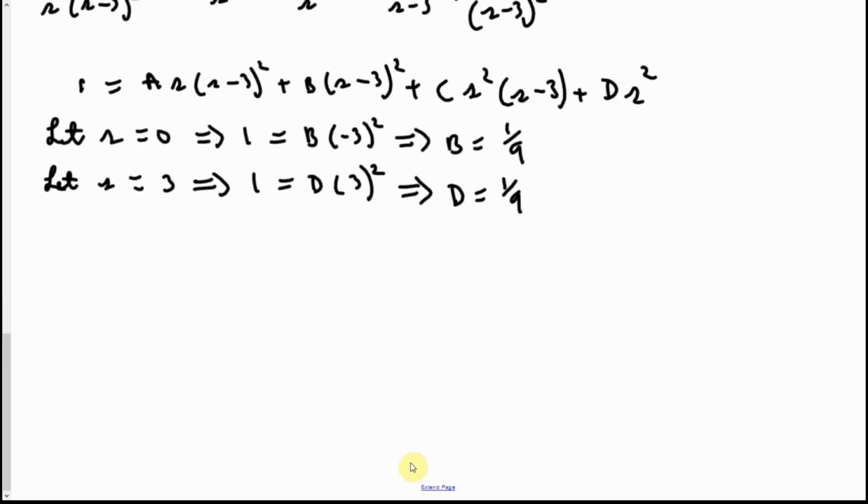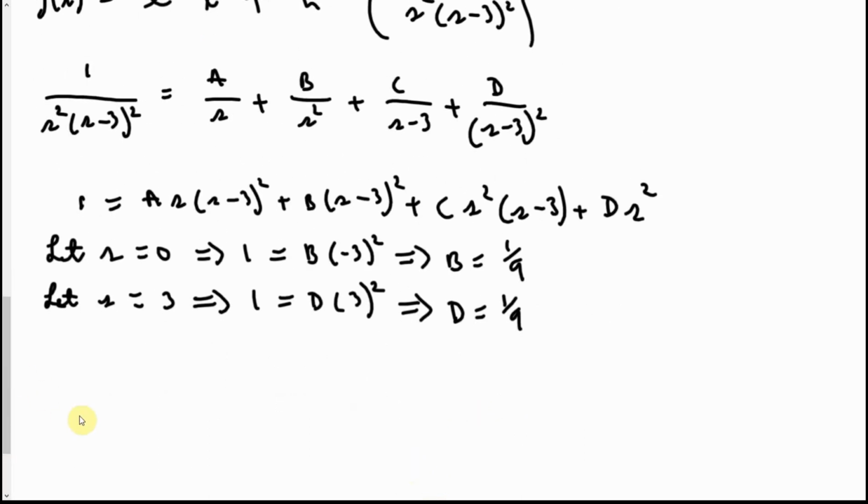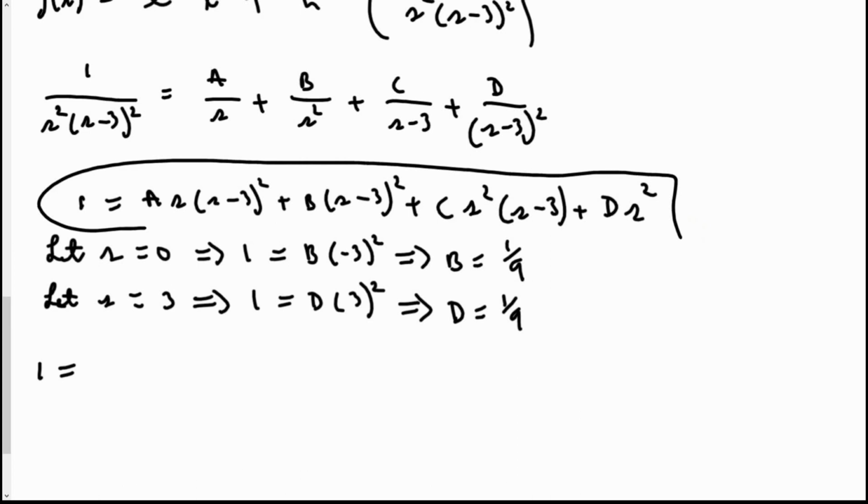Now to get the other parts, we just have to use algebra. And as Dr. Stallworth used to say, just apply brute force. I'm going to take this equation and expand.